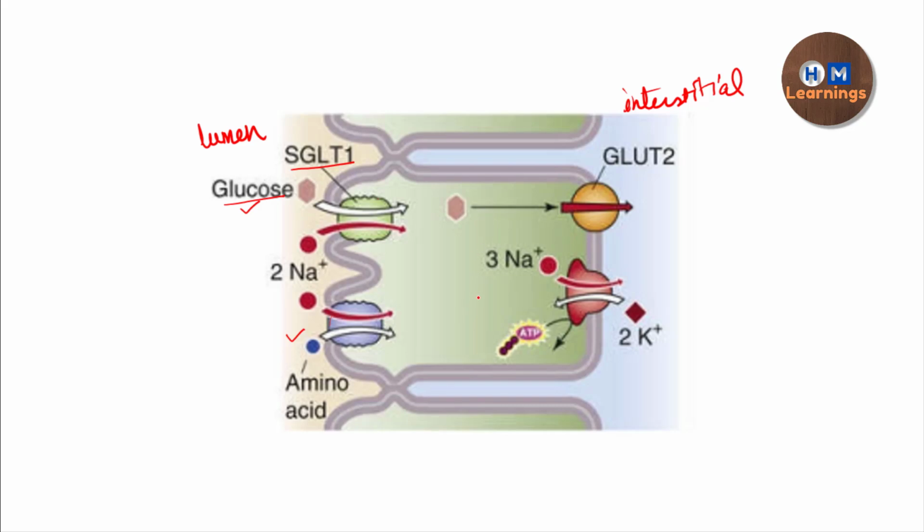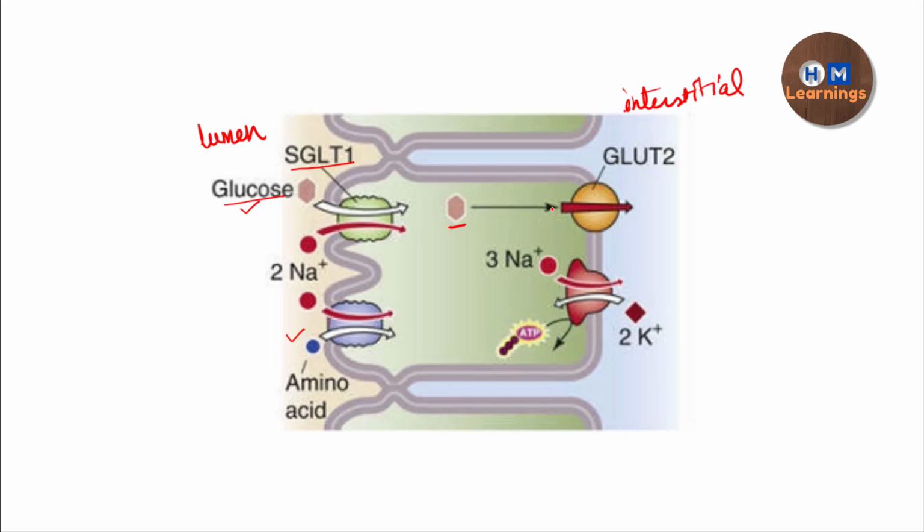This is how the polarity is helping in energy efficiency. The proteins which are not required on the apical membrane are not present there, but the proteins which are required on the apical membrane are present on it. In this way they show the energy efficiency.